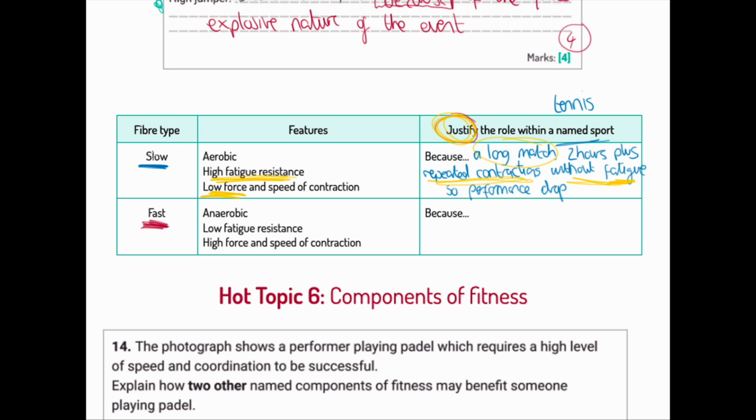Why do we need them in tennis? Because of a sudden sprint to a drop shot, or it might be a powerful smash, all need explosive high force to be able to complete that skill, but they will tire quickly.